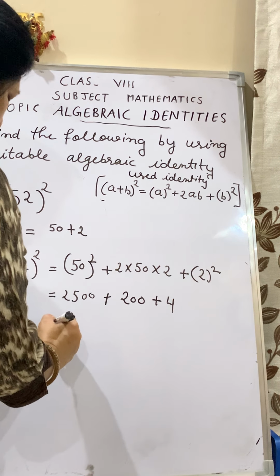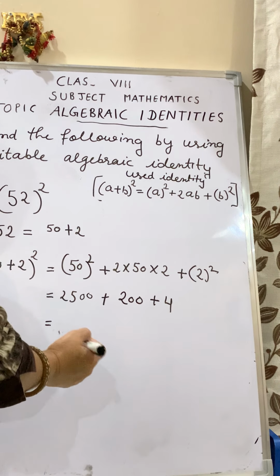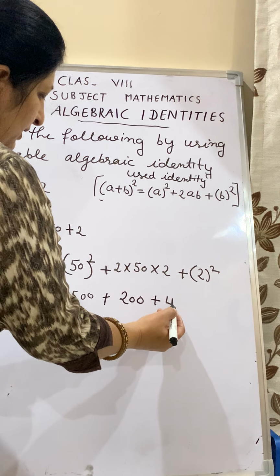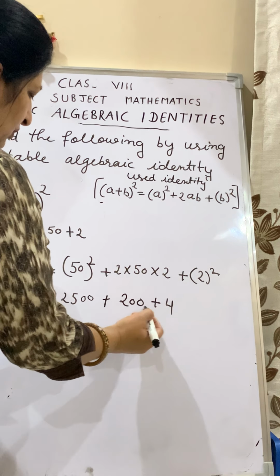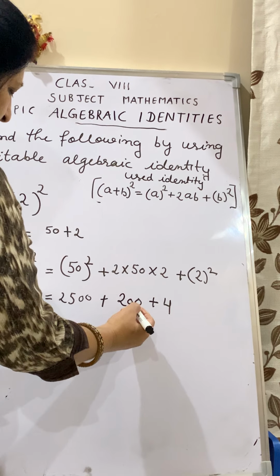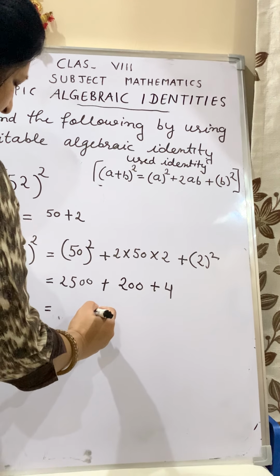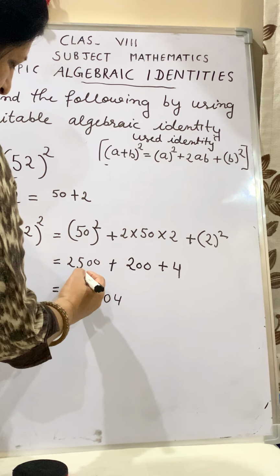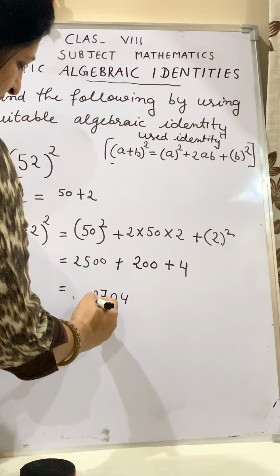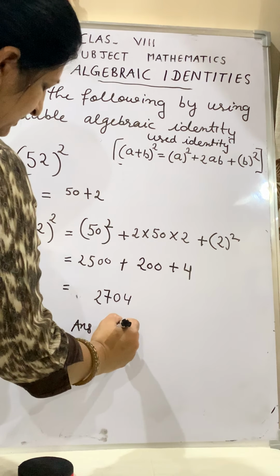Now we will add because these are like constant terms. First of all, we look at the ones place: 4, 0, 0, 4. Then the tens place: 0 and 0. Then the hundreds place: 2 and 5, 7. Then the thousands place, it is only 2. The answer is 2704.